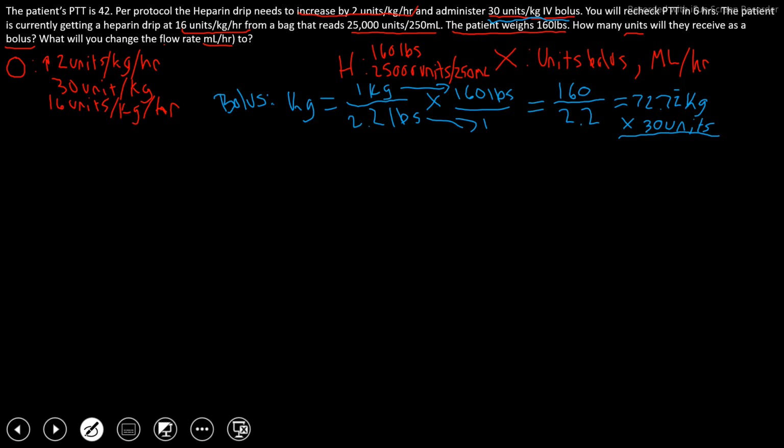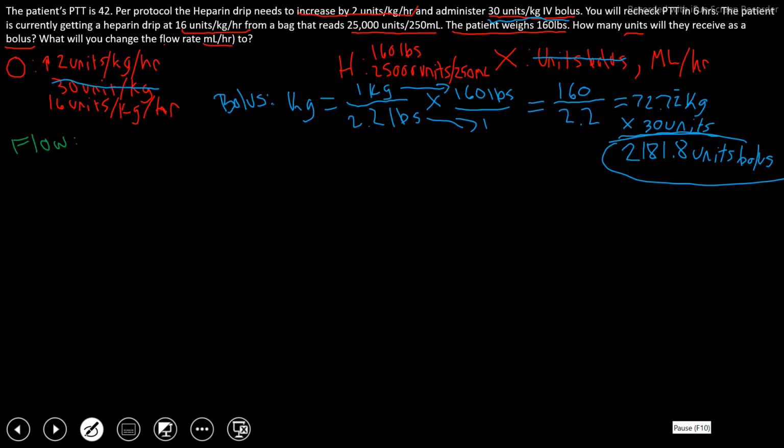Okay, and then that comes out to 2181.8181, but we're just going to round and say it's 2181.8 units for our bolus. Now that we found out what our bolus is, I like to go ahead and cross out bolus up here because we figured it out, and cross out the order over here.